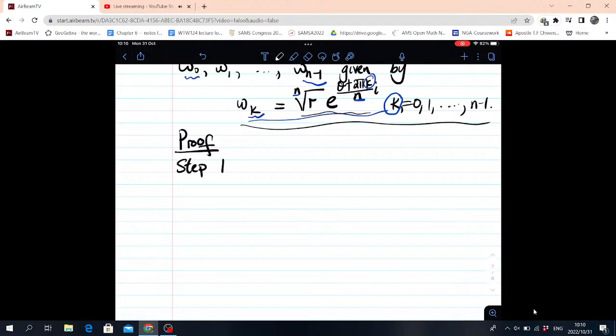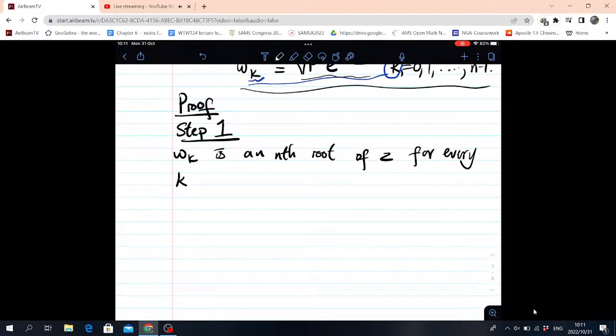So we've got 3 steps in this proof. Step one is to prove that Wk is an nth root of Z for every k which is between 0 and n minus 1.